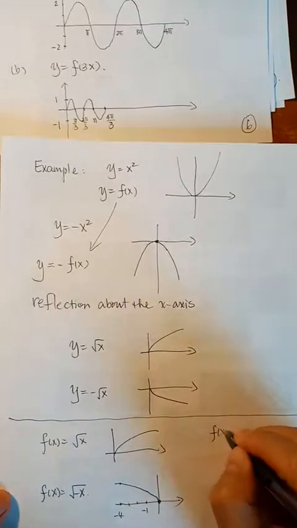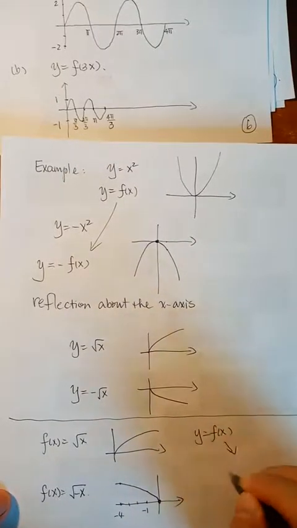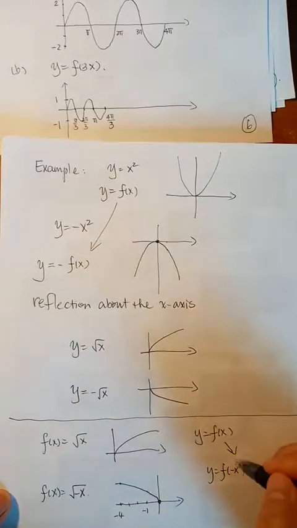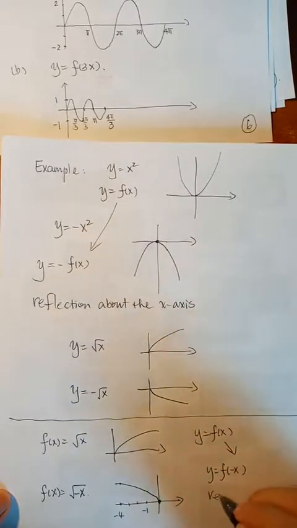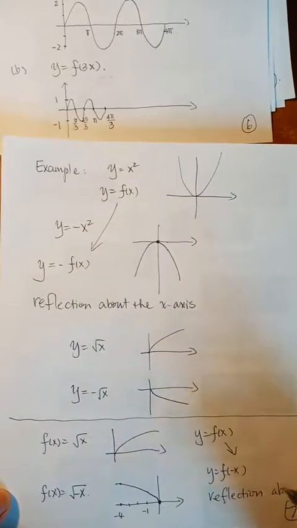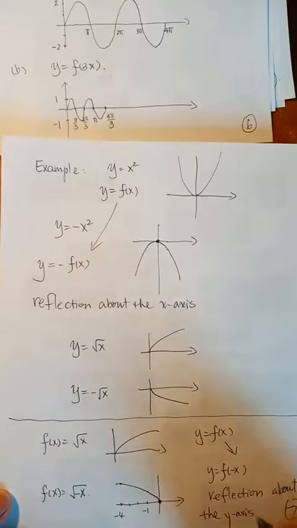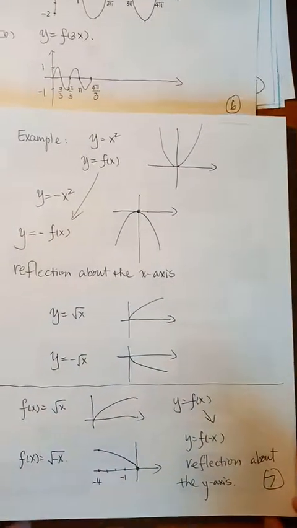So from f(x) to f(negative x), you get a reflection about the y-axis.